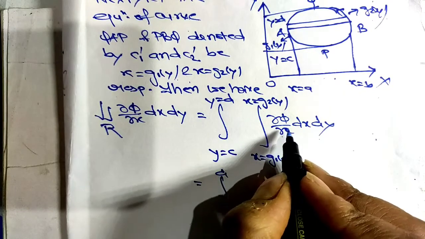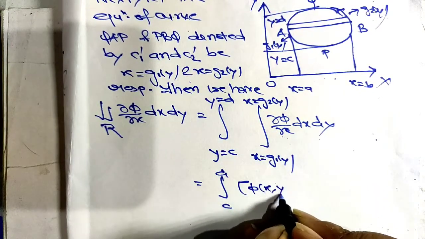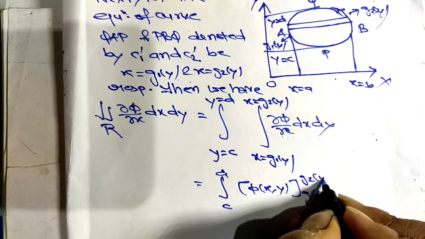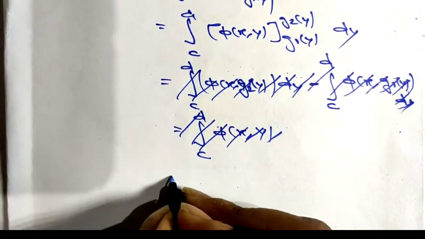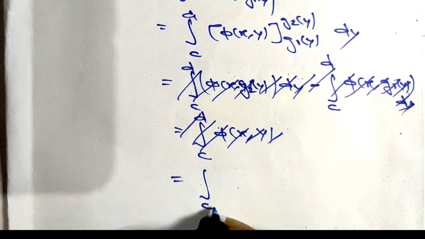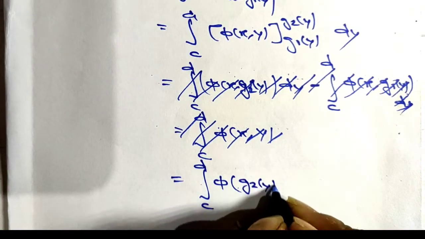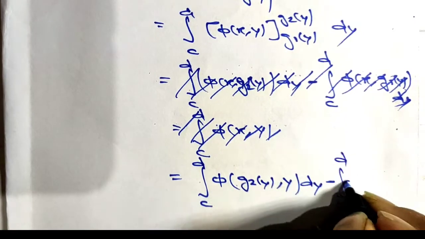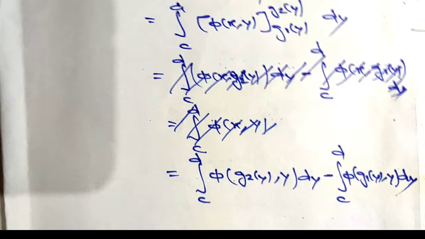After differentiating and integrating at the same time, it cancels out the function φ(x, y), leaving the lower and upper limits in y. So we are going to integrate from c to d of φ(g2(y), y) dy minus the integral from c to d of φ(g1(y), y) dy.